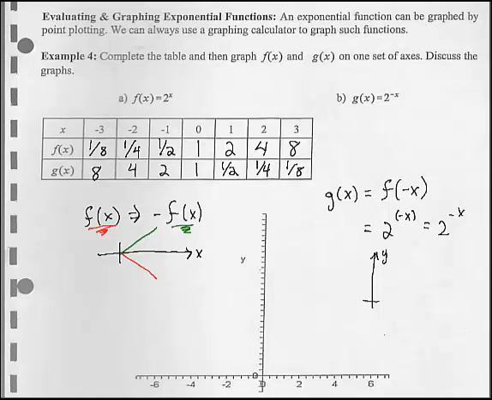So for instance, if f of x looked like this, then g of x, which is f of x with a negative x inserted, would look like this. It would mirror across the y-axis.